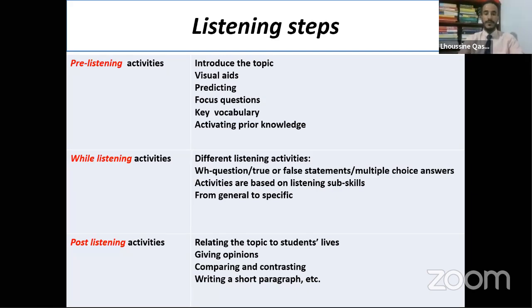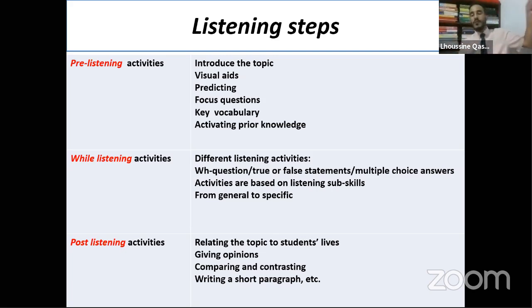Then we have prediction. Can you guess? Read the title, look at the picture. Can you guess what the text or the listening might be about? Can you give me some examples? Or focus questions. Look at the picture. What is this person doing? What is he playing, etc. Key vocab.